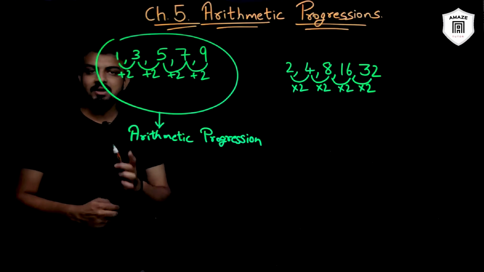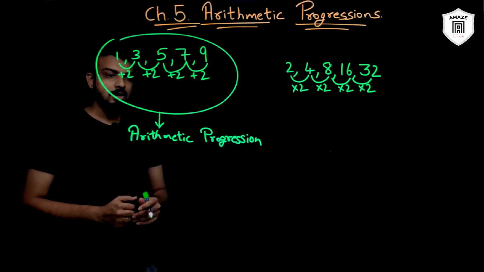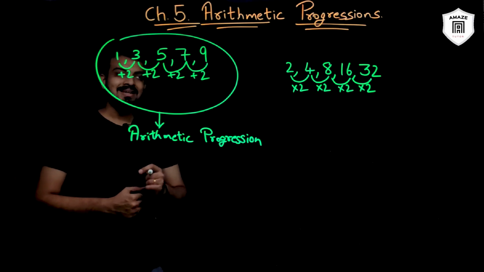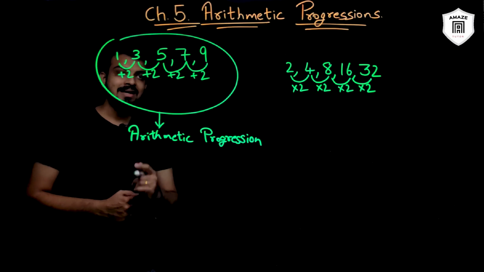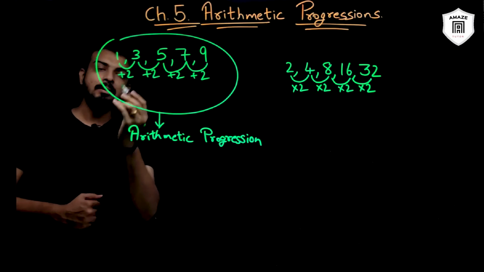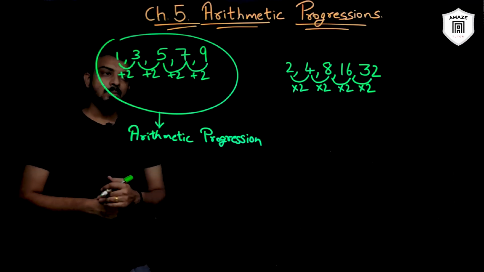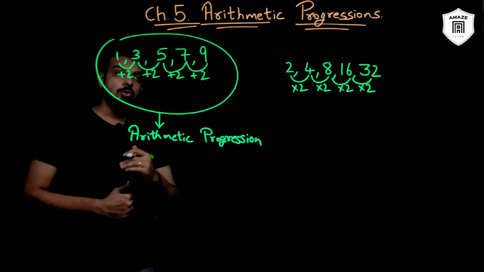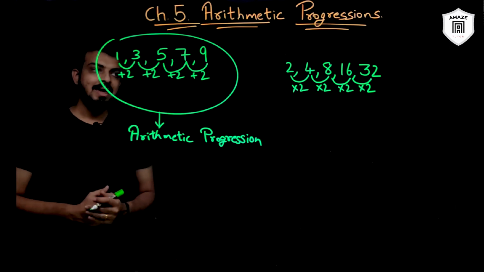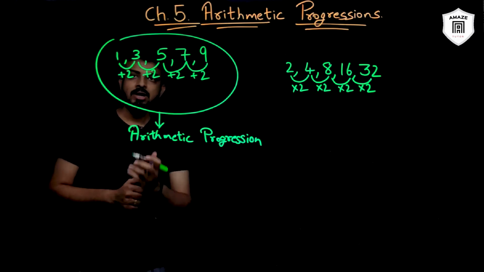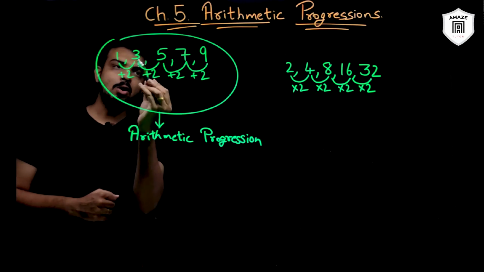Now let's look at the definition of arithmetic progression. So arithmetic progression is a list of numbers in which each term is obtained by adding a fixed number. The fixed number can be positive, negative or 0. It is added to the preceding term except the first term. So except the first term, look at all the other terms.